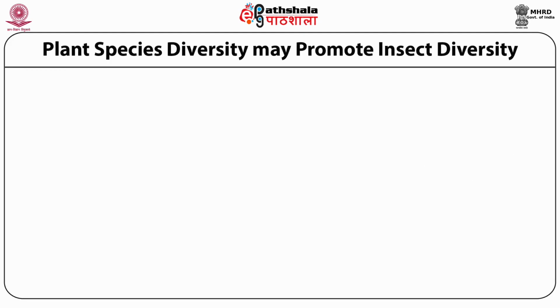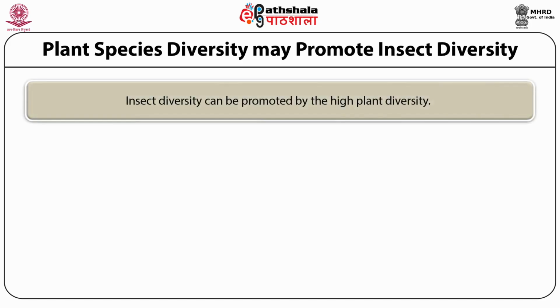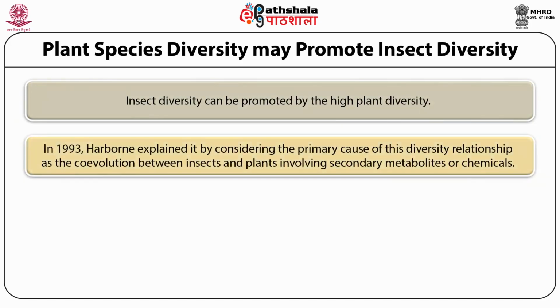4. Plant species diversity may promote insect diversity. Insect diversity can be promoted by high plant diversity. In 1993, Herborn explained it by considering the primary cause of this diversity relationship as the co-evolution between insects and plants involving secondary metabolites or chemicals.